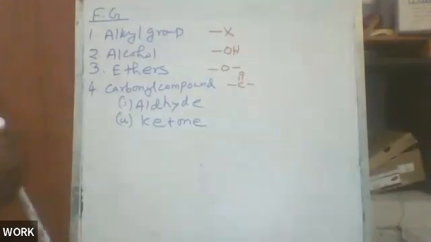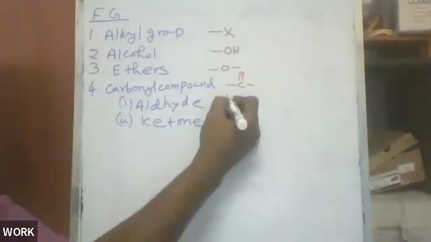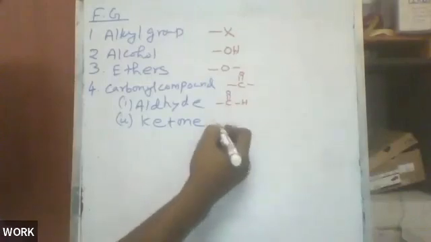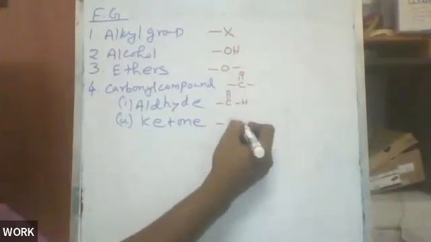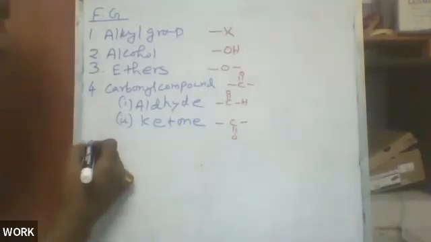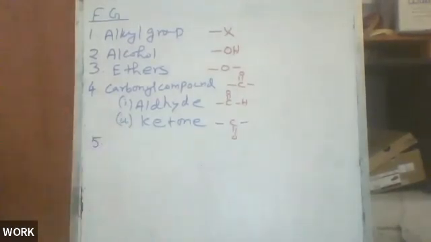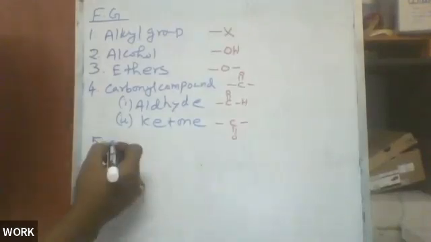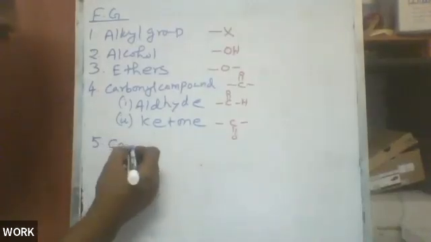Aldehyde means C double bond O with H, ketone means C double bond O between two carbons. And then next to the carbonyl compounds, carboxylic acid.